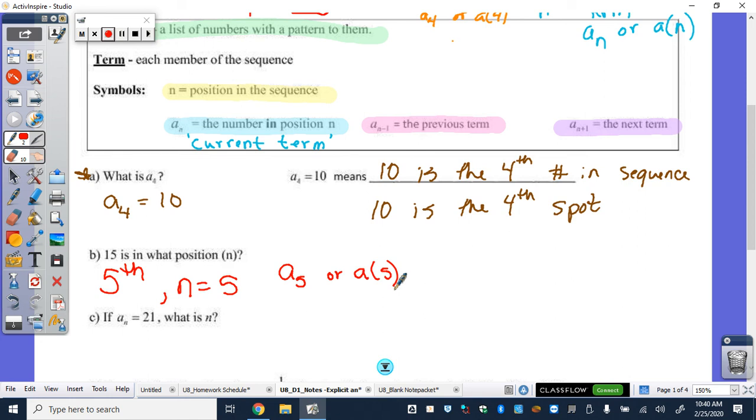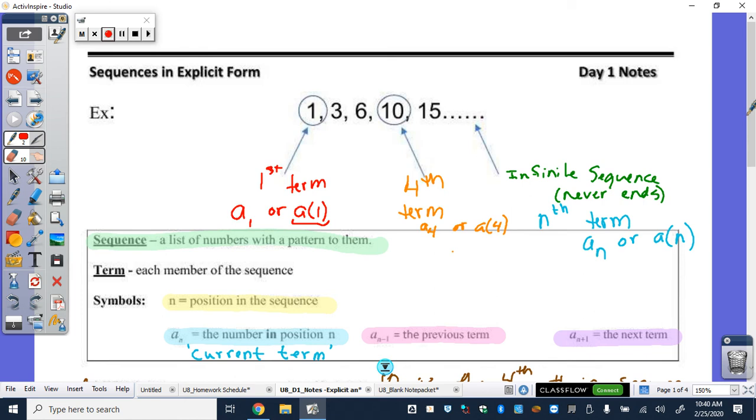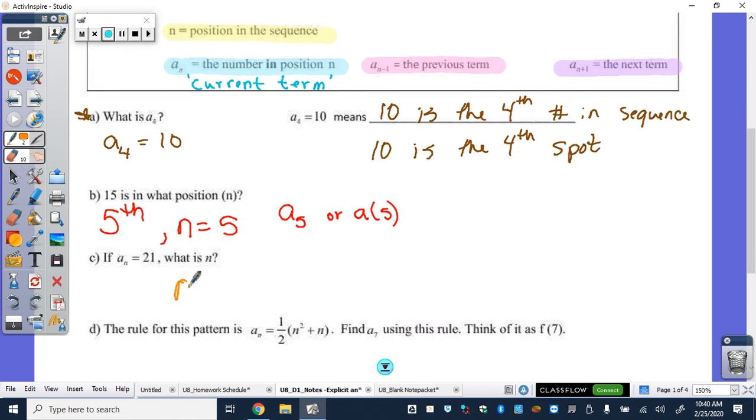Is there a 21 in our pattern yet? No. Has anybody figured out the pattern? Add 2, then you're adding 3, then 4, plus 5, then plus 6. There's our 21. So yeah, 21 is in the 6th position. Good job. So n is 6.